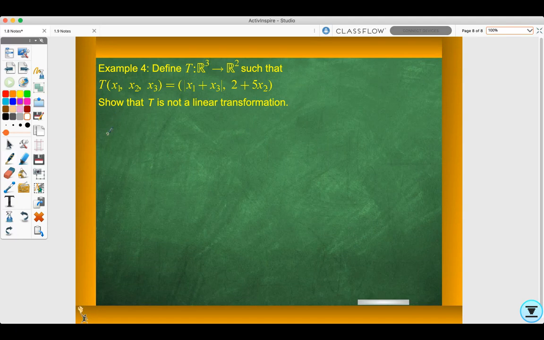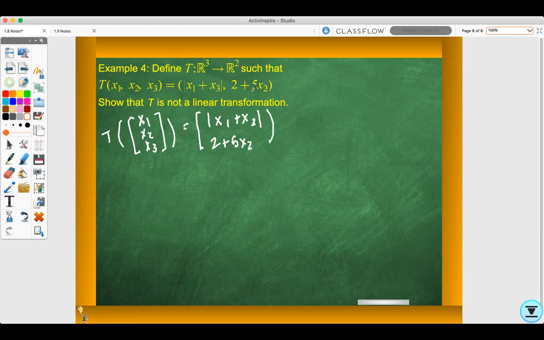I could have my transformation of x1, x2, x3, and they're saying it transforms to the absolute value of x1 plus x3 and 2 plus 5x2. So what we need to do is show that T is not a linear transformation.